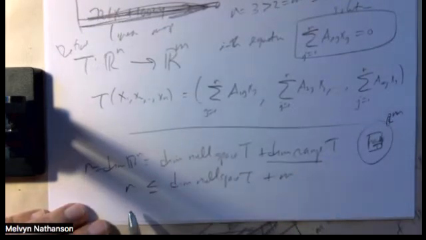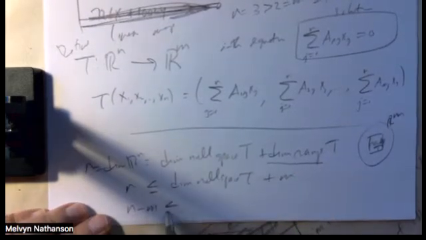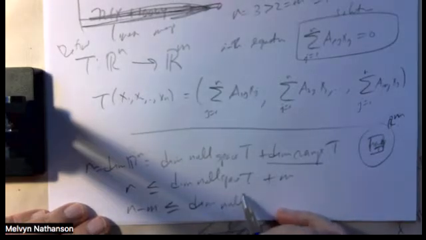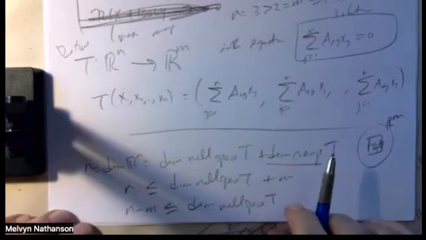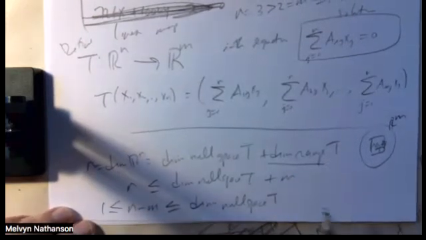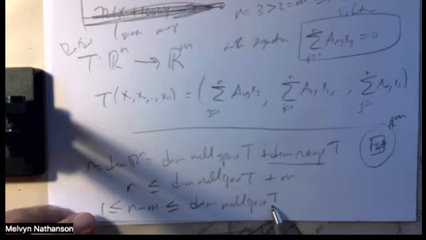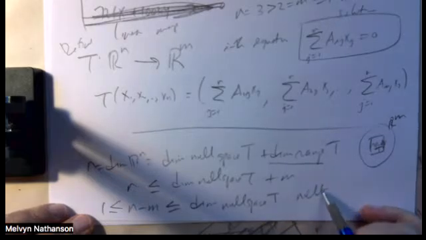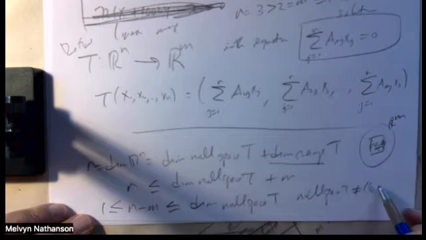Subtract m from both sides, n minus m is less than or equal to the dimension of the null space of T. And n is bigger than m. So n minus m is at least 1. So the null space of T has dimension at least 1. It means that the null space of T is not just the 0 vector.